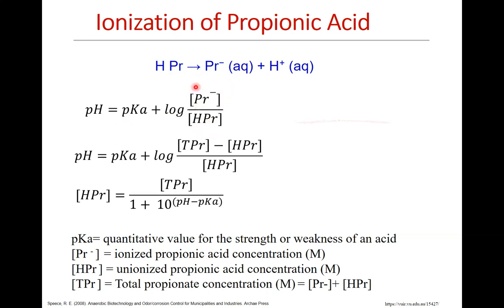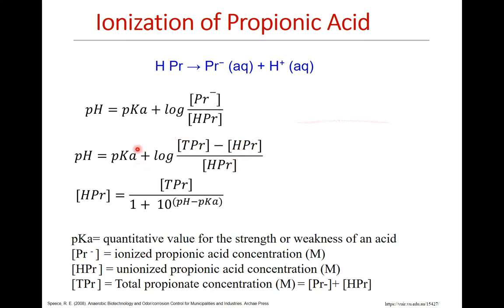To get the value for the ionized propionic acid, we have to use the total propionate in the reactor, TPr, minus the unionized propionic acid. In this case, we can calculate how much we have in the ionized form.